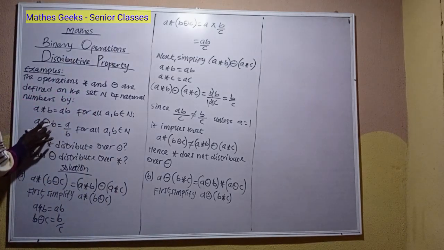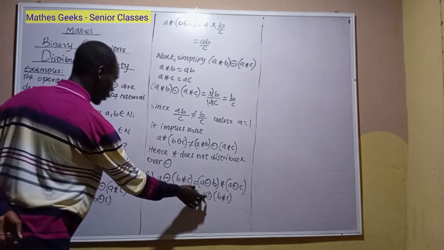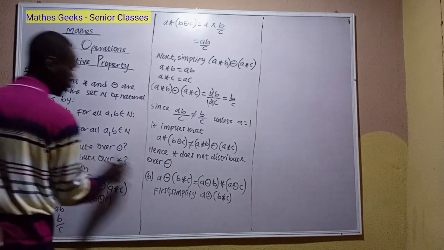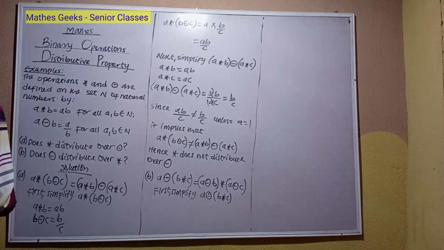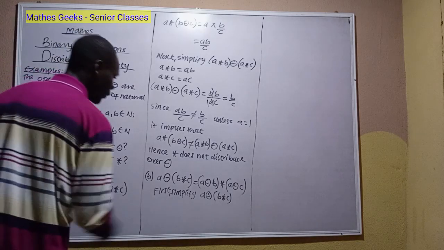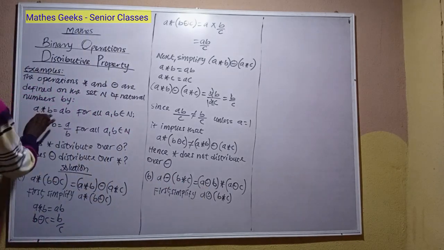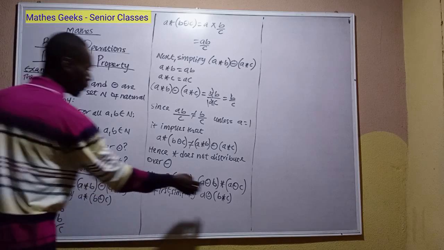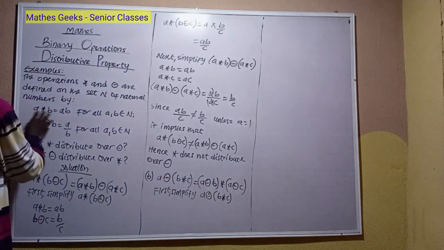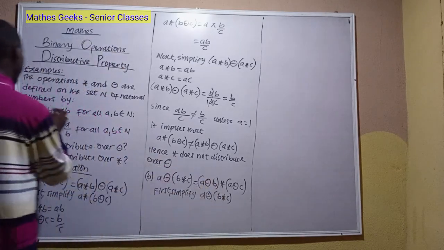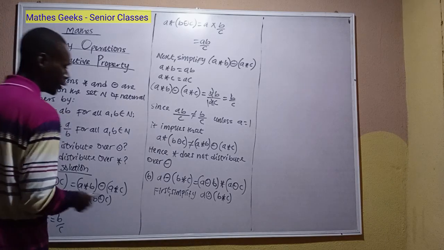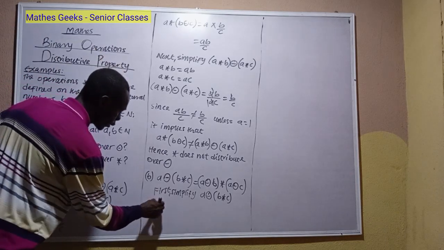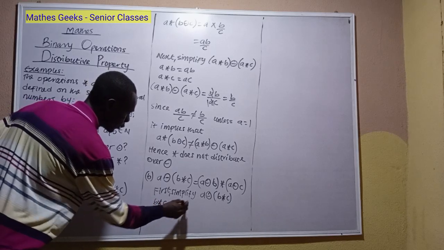Using this operation here, our A is A, our B is B star C. What is B star C? To get B star C, we use this star operation. Here B will replace A and C will replace B. So if A star B is equal to AB, B star C will be BC. So B star C is equal to BC.